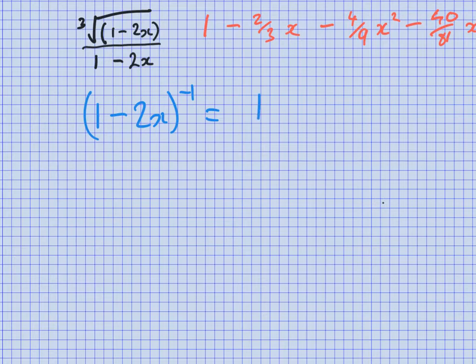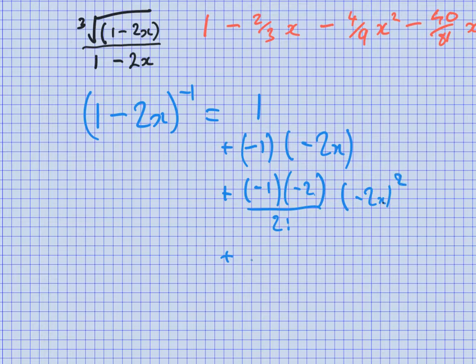We get 1 plus n times the x part, plus (minus 1 times minus 2) all over 2 factorial times (minus 2x) squared, that's n times n minus 1, plus minus 1 times minus 2 times minus 3 over 3 factorial times (minus 2x) cubed.